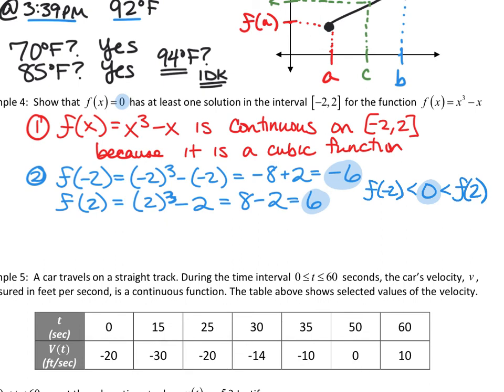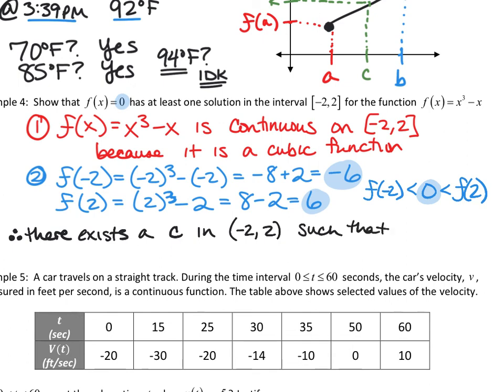So we write our final statement here. We've proved the two things we needed, so we say, therefore, there exists a c value in the interval from -2 to 2 such that f of c is equal to 0 due to the intermediate value theorem.